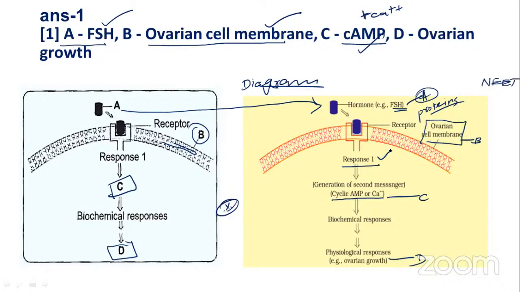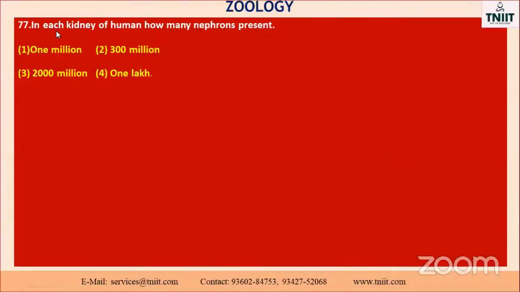NEET question paper. See, the next one is: in each kidney of human, how many nephrons are present? Nephron is nothing but the functional unit of kidney, isn't it, my dear? It may be nephridia in some animals. Here, which one is the correct one? It comes under the category of million.